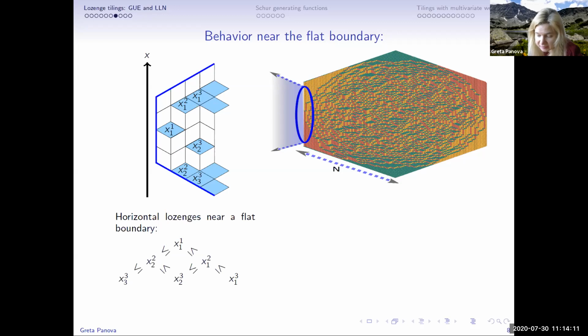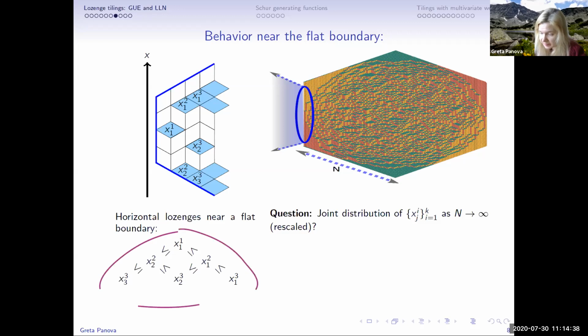This is how the heights form these inequalities, these triangular inequalities, and this is how we would say that two partitions interlace, for example. So these are the same conditions. And now the question is, what's the joint distribution of the collection of all these numbers over here, as n goes to infinity.